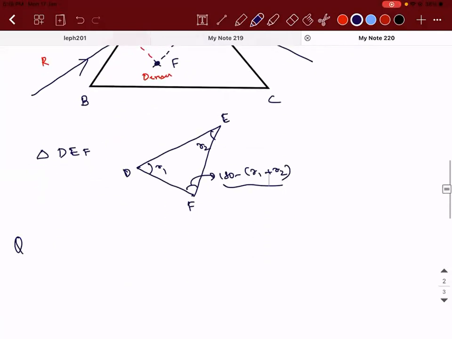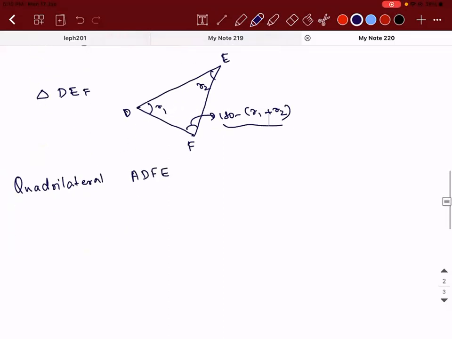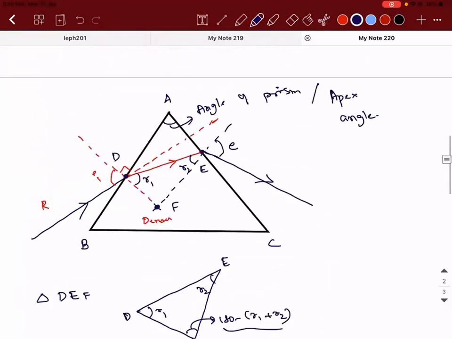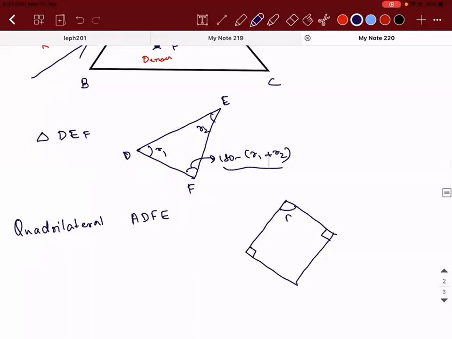Similarly, if I take the quadrilateral ADFE, then A is like this, D is like this, E is like this, and F is in this way. Angle D and angle E are 90 degrees. Observe. Angle D and angle E are 90 degrees. And this is angle A, and this is 180 minus (R1 plus R2).